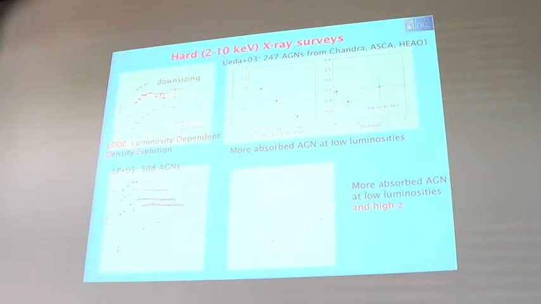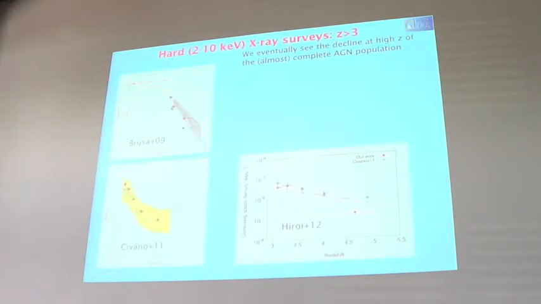But we also found the dependence of the fraction of absorbed AGNs on luminosity. But as you can see, this is redshift, and this is the fraction of absorbed AGNs. We also found for the first time that there is an increase of the fraction of the absorbed AGNs with redshift. This increase has been debated since this publication in the last 10 years, but I will tell you about the latest result in the next slide.